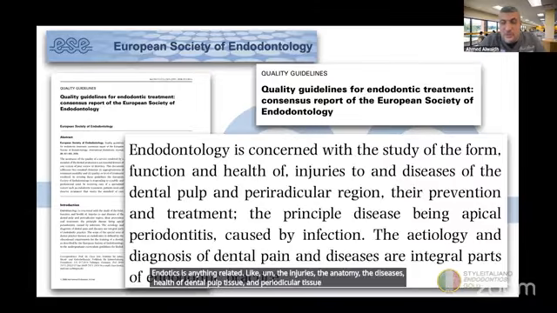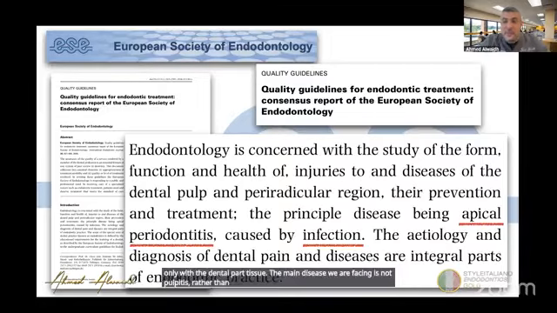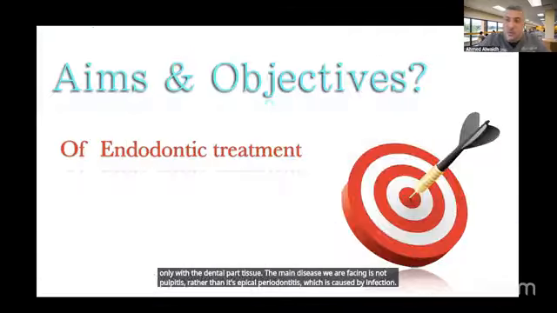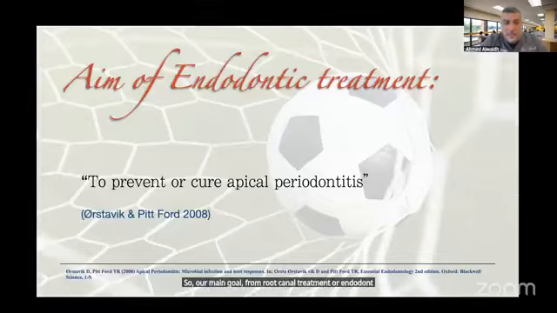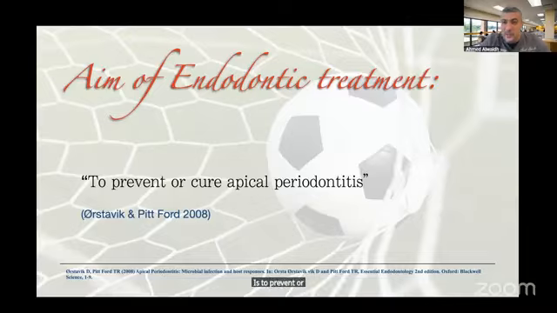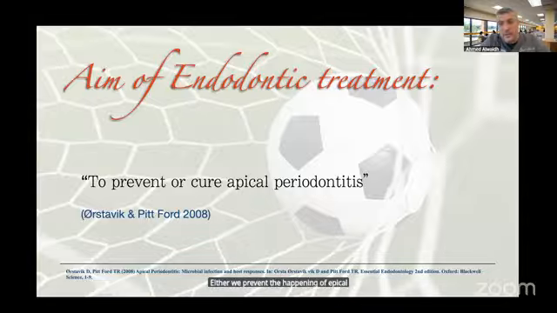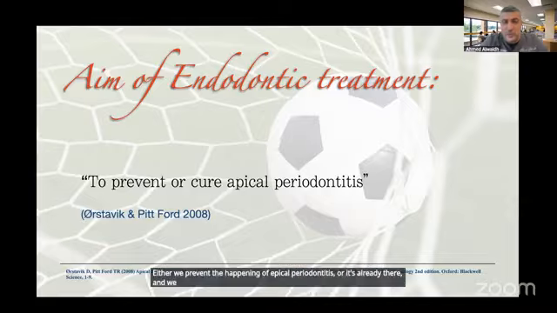So we are not dealing only with the dental pulp tissue. The main disease we are facing is not pulpitis, rather it's apical periodontitis, which is caused by infection. So our main goal from root canal treatment or endodontic treatment is to prevent or cure apical periodontitis. This is our main goal. Either we prevent the happening of apical periodontitis or it's already there and we need to cure it.